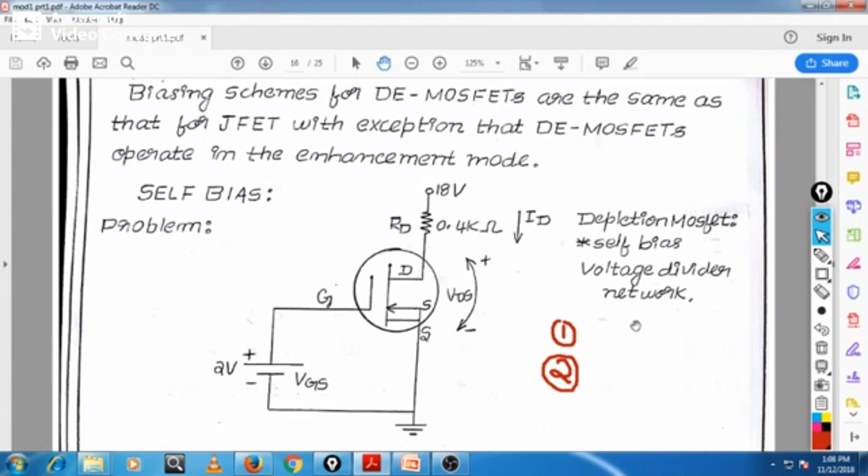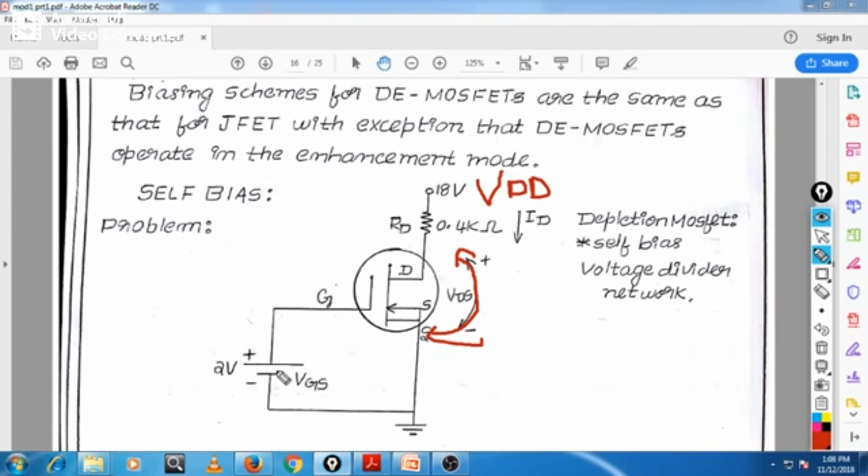This is our VDD, the voltage at the drain, and this potential is known as VDS, the voltage between drain and source, and this is VGS.